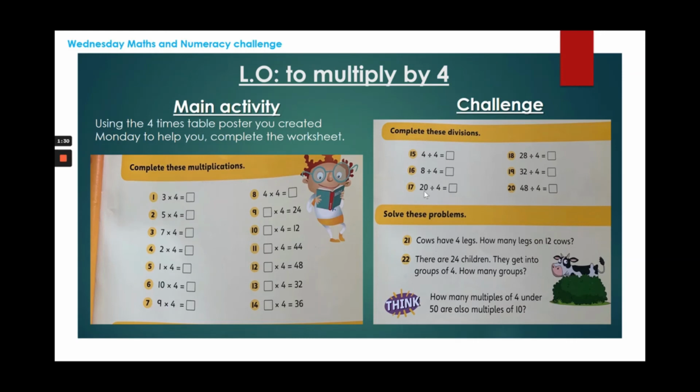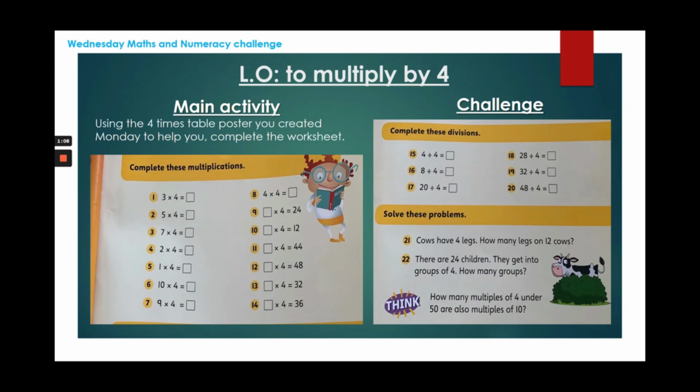Last one, let's look at this one together. So this says 20 divided by 4 equals something. So I'm going to use my 4 times table and stop when I get to 20. Using your fingers. 4, 8, 12, 16, 20.